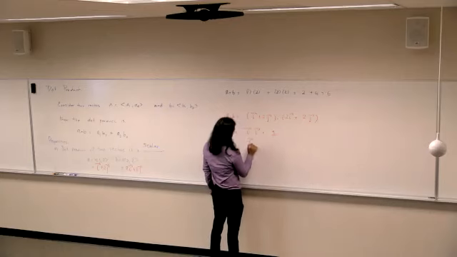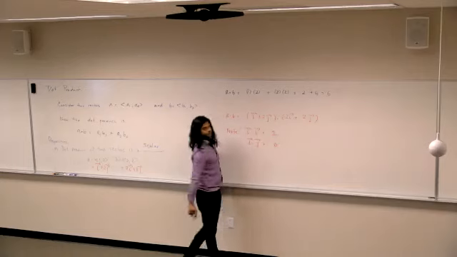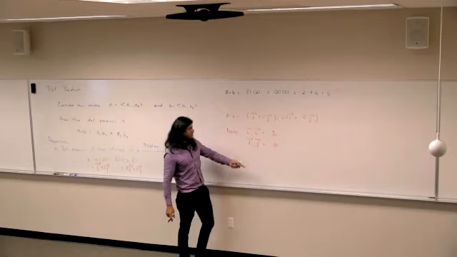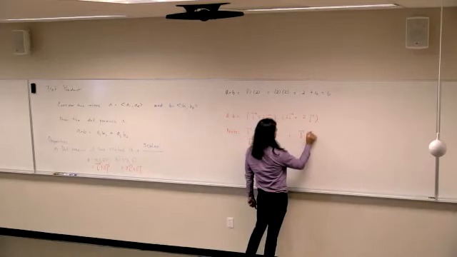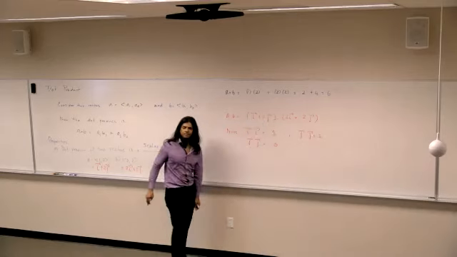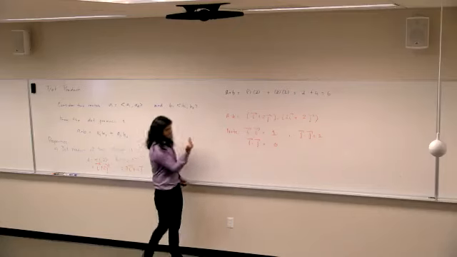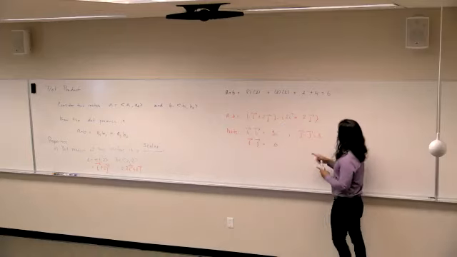I vector times j vector will be 0. Same applies for j: j vector times j vector is 1. The order here doesn't matter. At the end of the day, you're going to get a number. Same usual math.